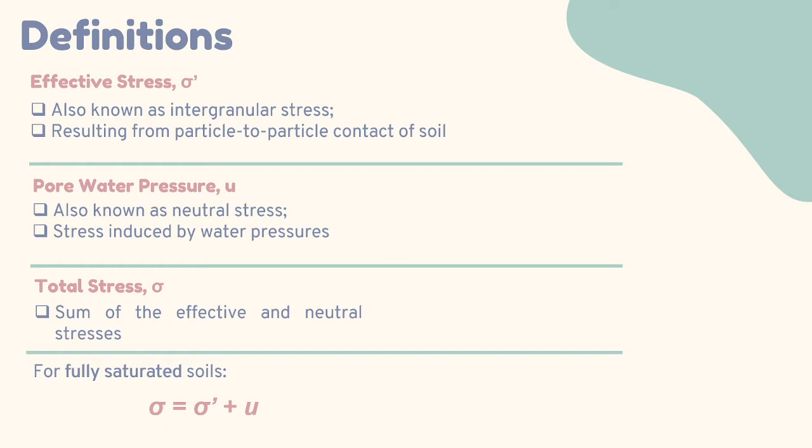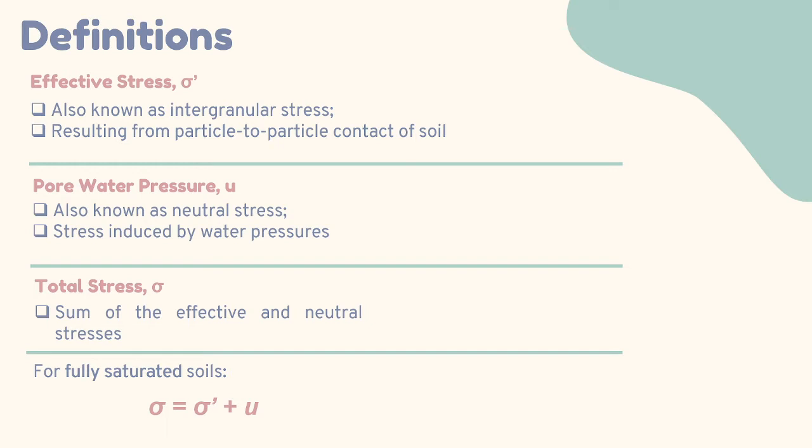So we have the three terms: effective stress, denoted by sigma prime, the pore water pressure U, and the total stress sigma. First is the effective stress, which is also known as the intergranular stress, and this results from the particle-to-particle contact of the soil grains.